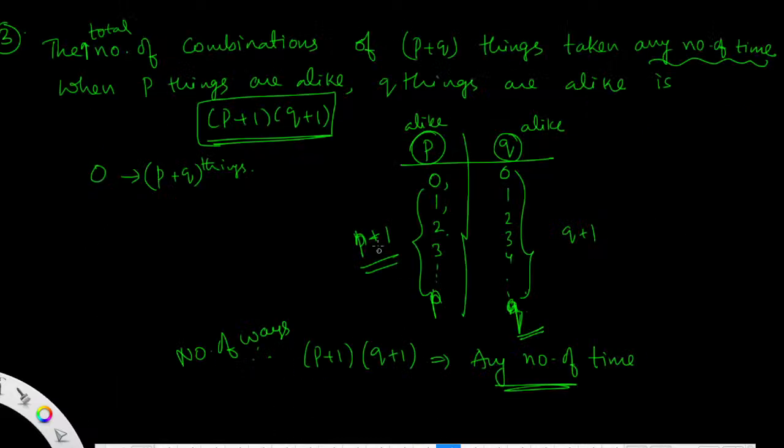And then the next formula: the total number of combinations of p plus q things taken any number at a time, when p things are alike and q things are alike, is p plus 1 into q plus 1.